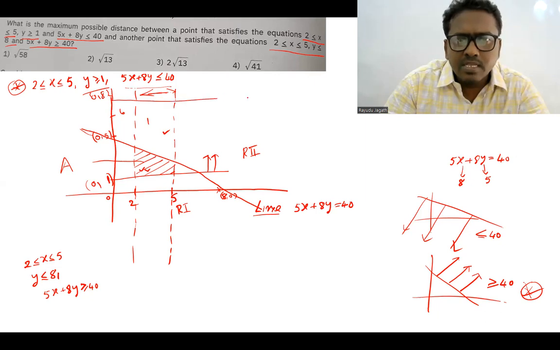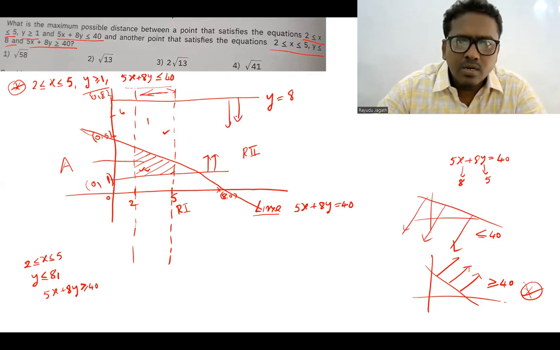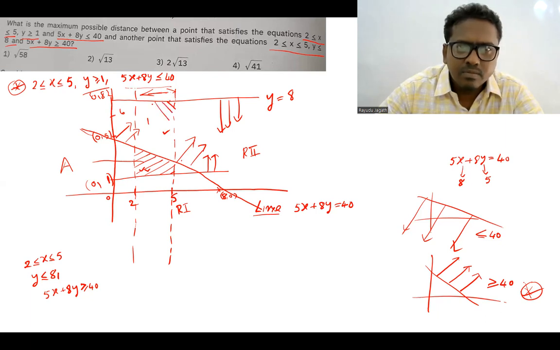If we take this as y equal to 8 and draw under it, the intersection of this region and this region is this one. This entire region satisfies the conditions given in the second part.